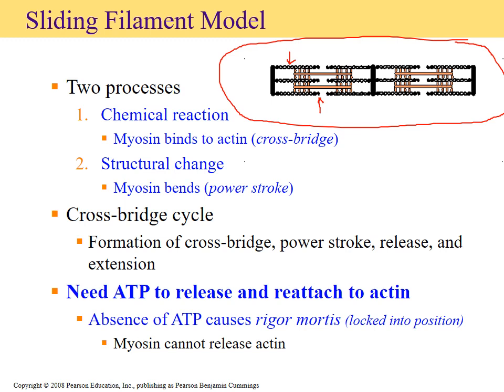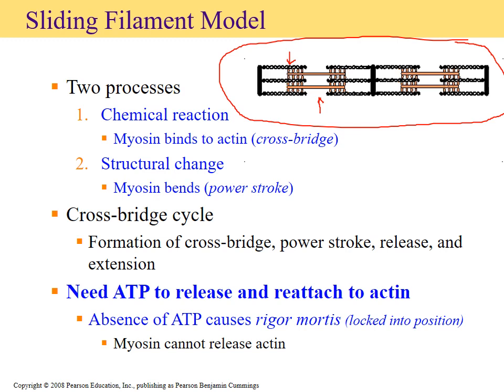We are making physical contact, so the orange to the black with the myosin heads, and we are sliding them closer, and we're going back to our normal position. As you slide closer, that is your contraction, and as you go back to your original position and you extend, that is your relaxation.